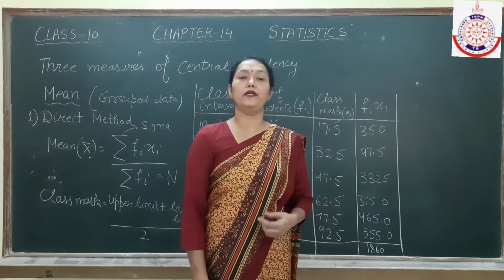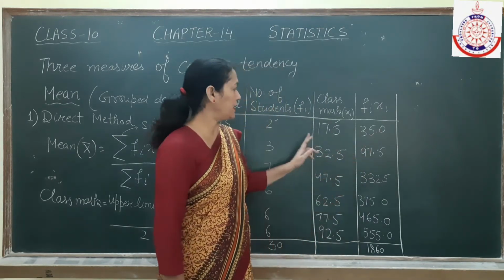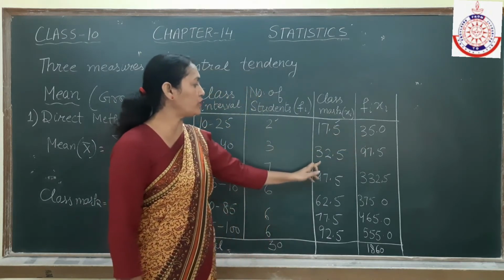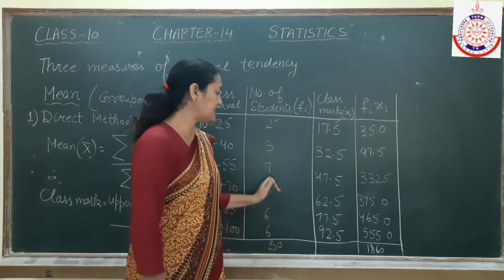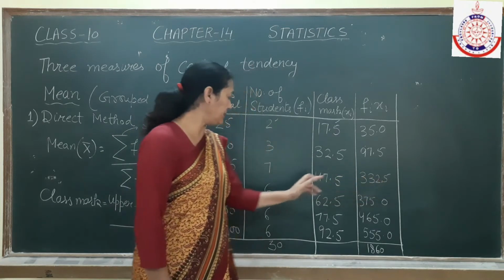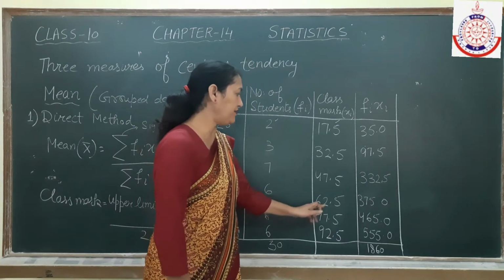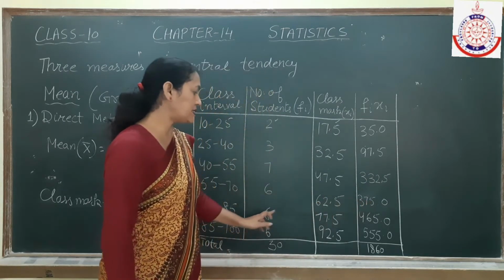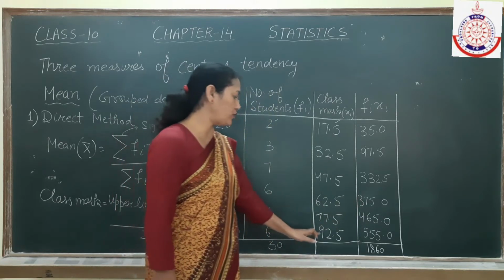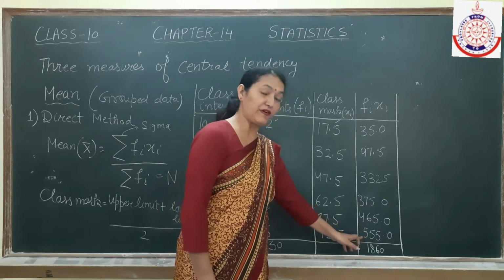I multiplied each fi with xi. 2 into 17.5, 35. 3 into 32.5, 97.5. 7 into 47.5, 332.5. 6 into 62.5, 375. 6 into 77.5, 465. And 6 into 92.5, I have obtained 555.